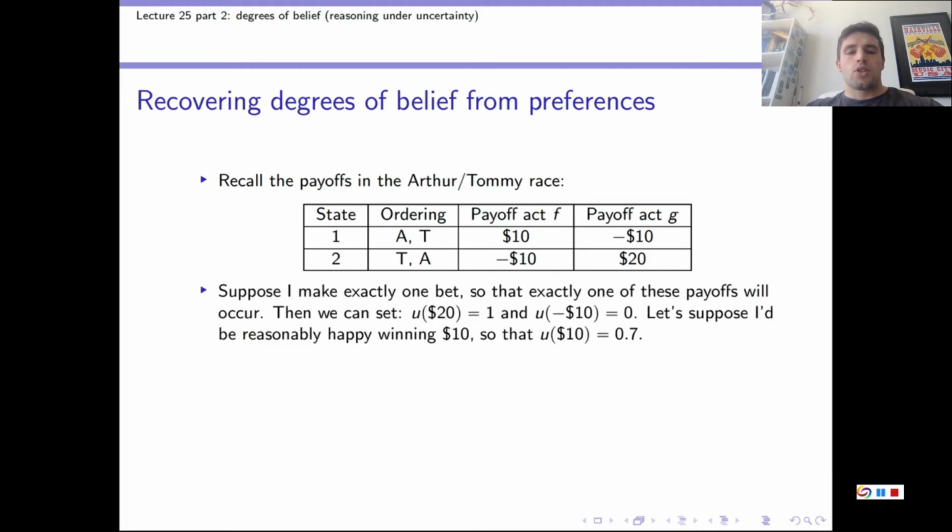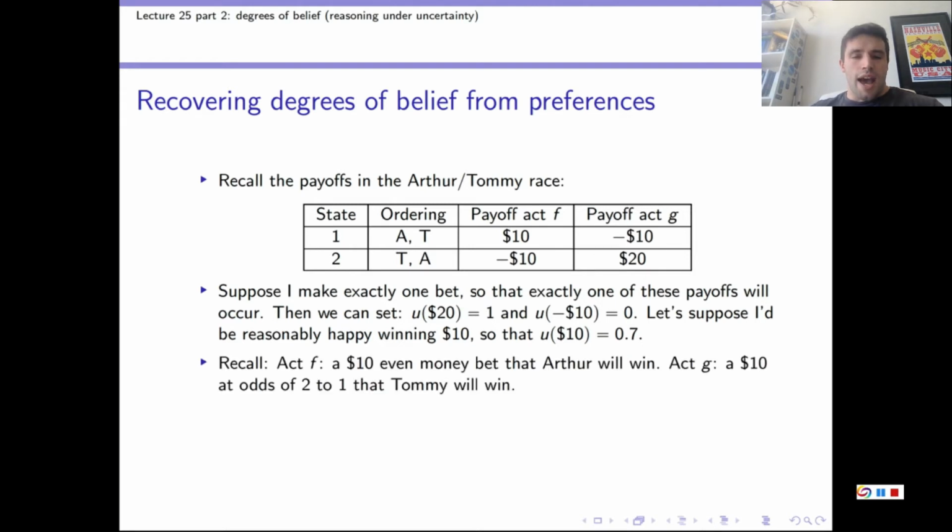Since winning $20 is the best thing that can happen to me in this situation, let's say U of 20 equals 1, and since losing $10 is the worst thing that can happen to me, let's say U of -10 is 0, and if I make the bet, exactly one of these outcomes is going to happen to me. Let's suppose further that I'd be reasonably happy with winning $10, so that U of 10 is 0.7.